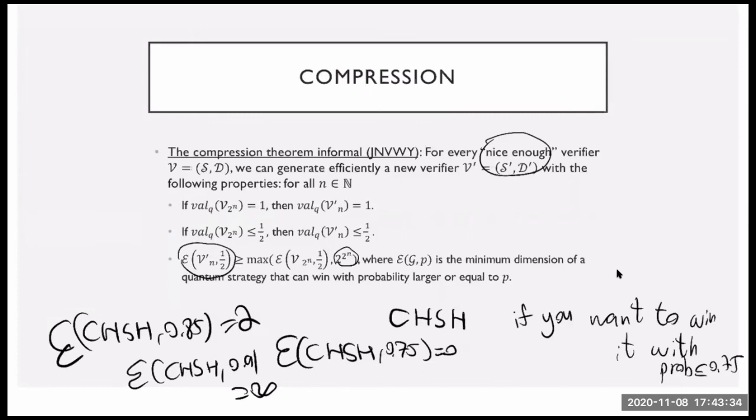So just to make sure, the C and lambda constants for the verifier are the same as those for the initial one? Yeah. I'm sure about the question.